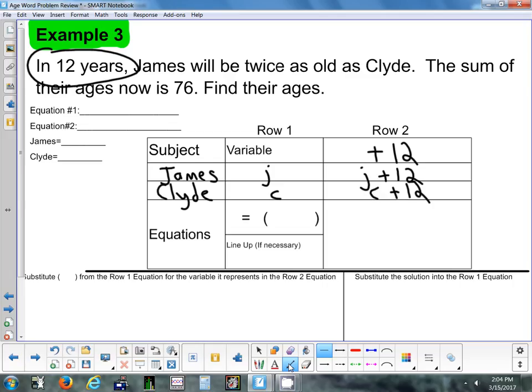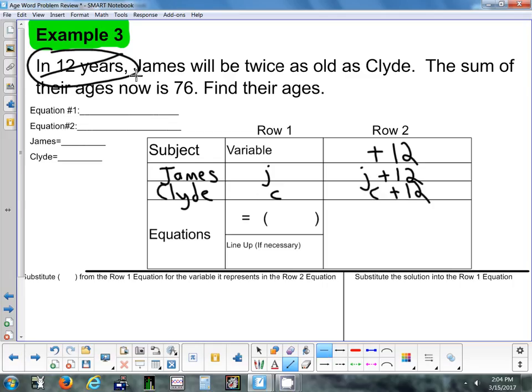Once I get this plus 12 filled in, if it's in a certain amount of years or a certain amount of years ago, that's all I need that for, nothing else. I just needed it for the top of row 2, whether it's past or future. Once I do that, it's done. I don't need it anymore. So let's set up our equation for the future.